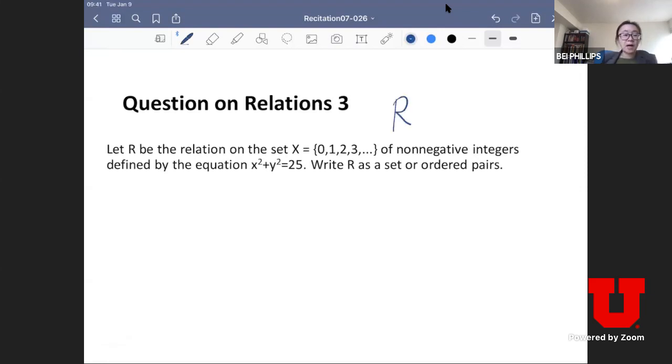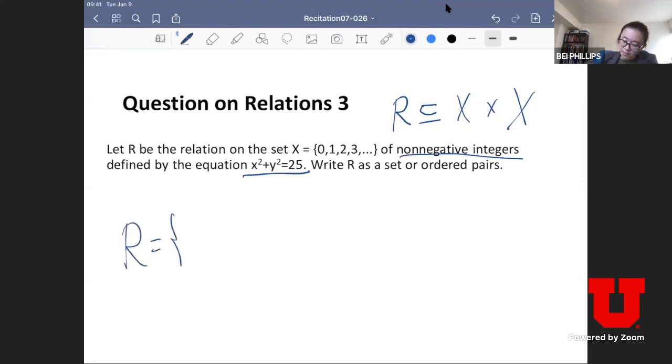I have a relation on the set X, which is the non-negative integers. My R is again a set of ordered pairs defined by the relation x squared plus y squared is equal to 25. So what is my set of ordered pairs that describe this relation?